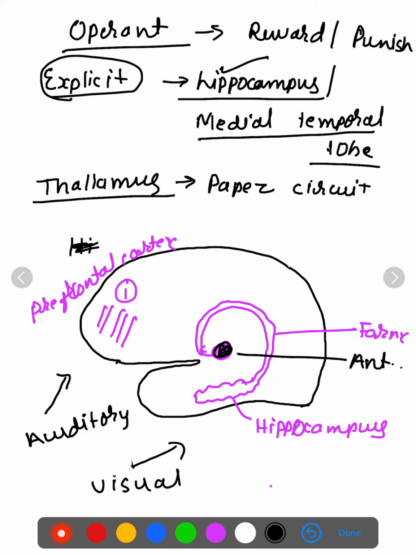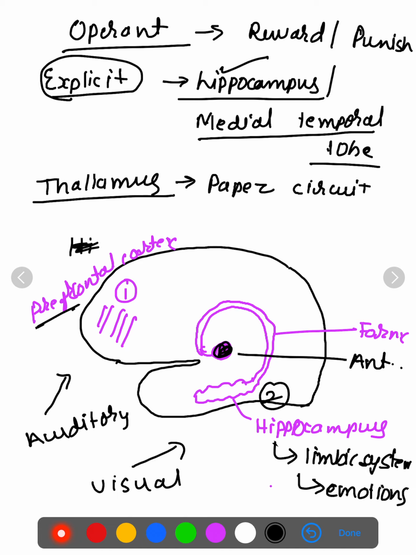So whenever new information comes, first it goes to the prefrontal cortex, second the hippocampus. Why the hippocampus? The hippocampus has vast connections to the limbic system, so it is related to emotions. Whenever you learn new things involving emotion and motivation, you can remember them easily. So you have to study with interest and motivation; otherwise you will find it difficult to learn. That is how this plays a role.